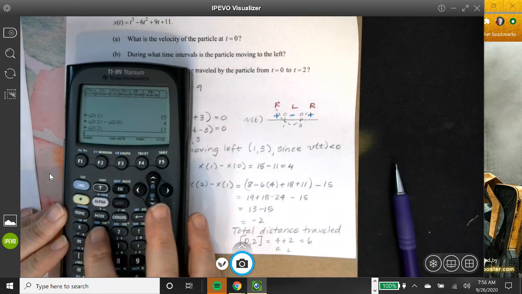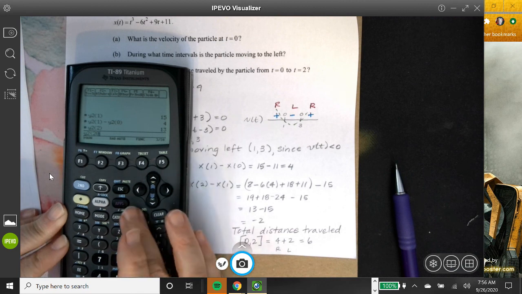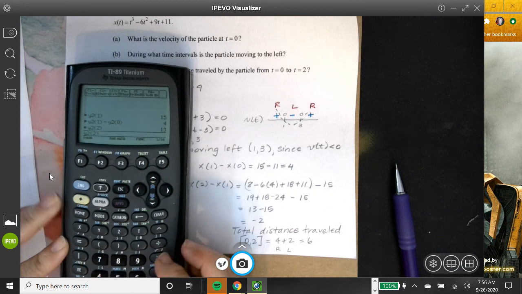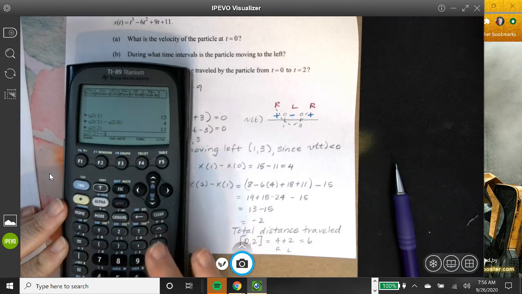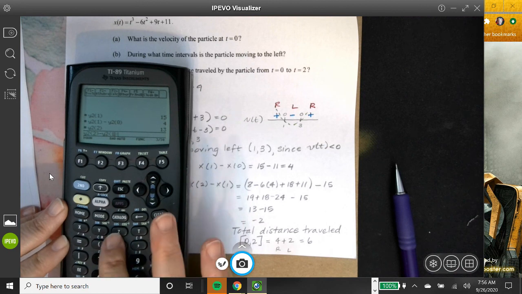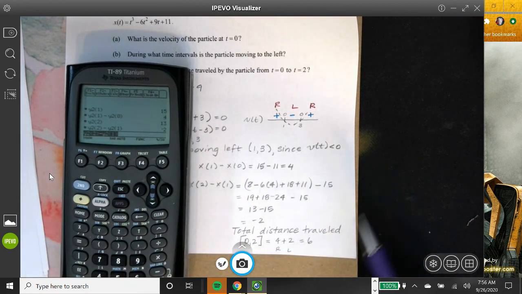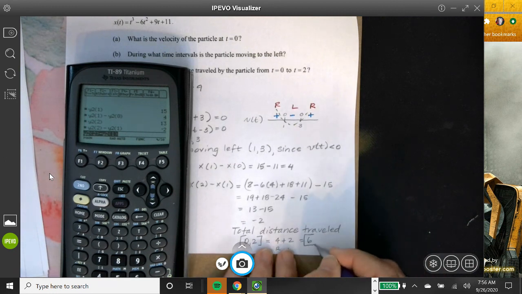I can add and subtract in public, but that's only for today. So we're going to go y2 of 2 minus y2 of 1. And we got negative 2. And so when you add those two together, you do get 6 units total distance traveled.